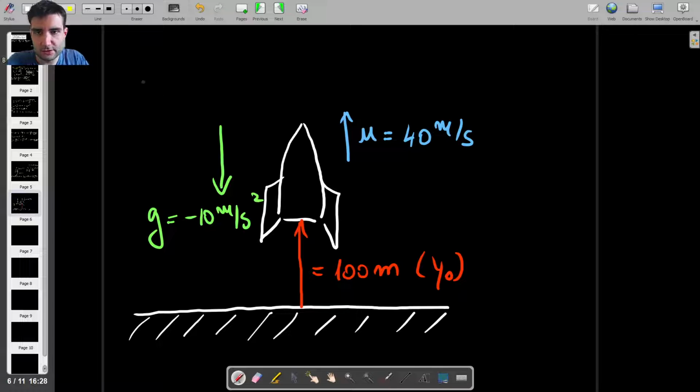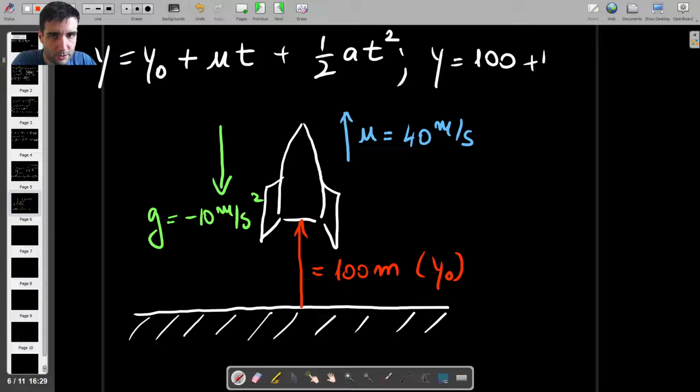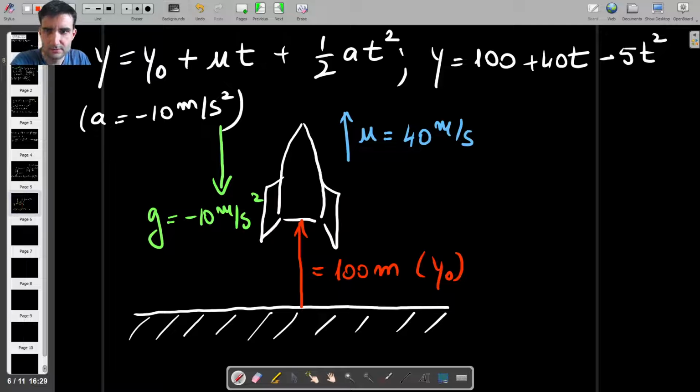So if we write the SUVAT equation for this, we get y equals y0 plus u times t, and then plus 1 over 2 at squared, where now we're just going to substitute everything in here. So this is going to be 100 plus 40 times t, and then minus 5t squared, right? Because a is minus g, a is equal to minus 10 meters per second squared.